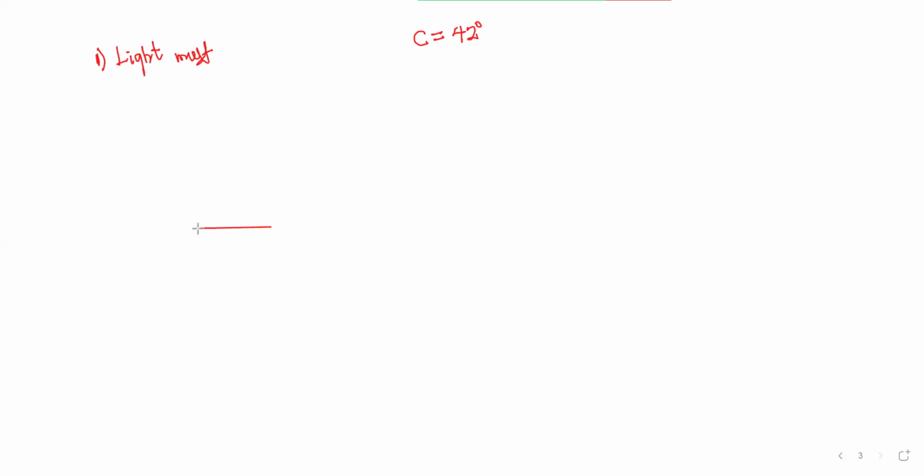So let's have two different media. One is denser, the other one is rare or less dense. Let's assume that the more dense medium is glass, and the less dense medium is air.